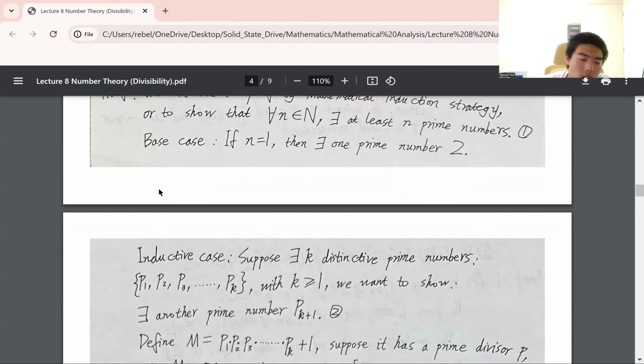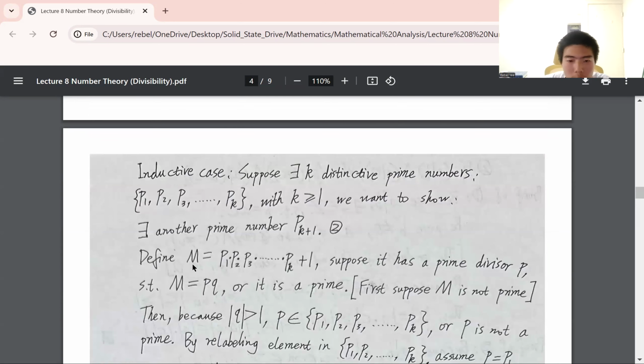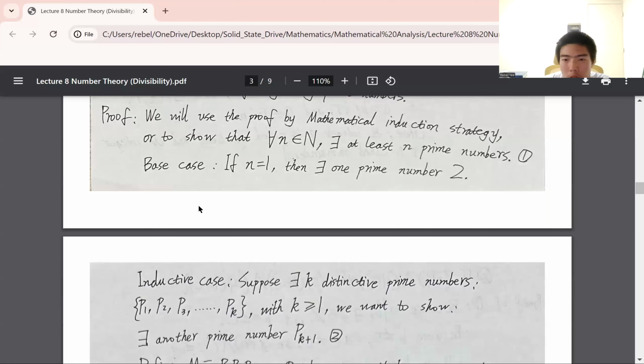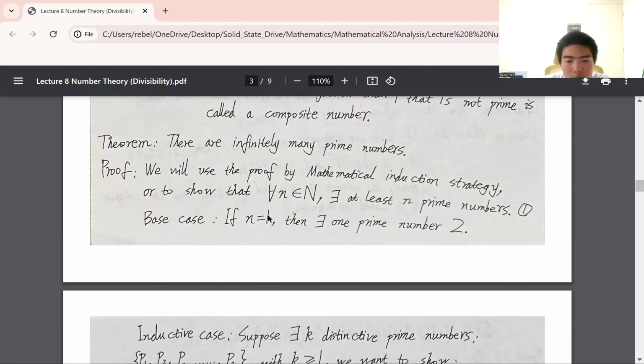I think the most difficult thing to think of is defining the M here. So first we'll do a proof by contradiction. We'll list P1, P2, up to Pn, and so on to infinitely many terms.